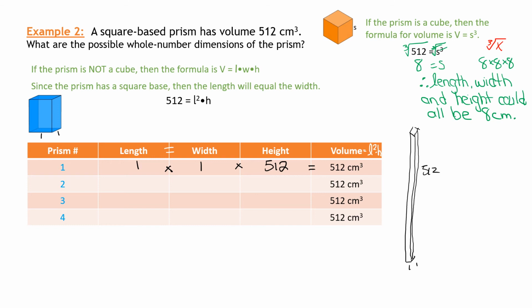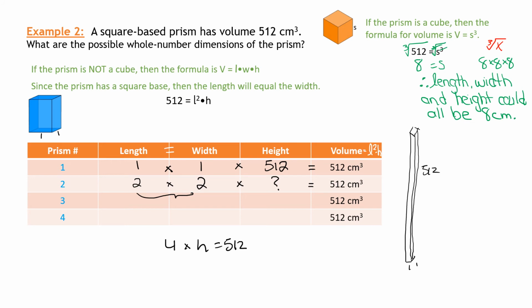So what other options have we got? Let's go to 2. What if your length is 2? That means your width also has to be 2. So that times what is 512. These two together give me a 4. So I've really got 4 times my height has to be 512. How can I figure out that question mark?